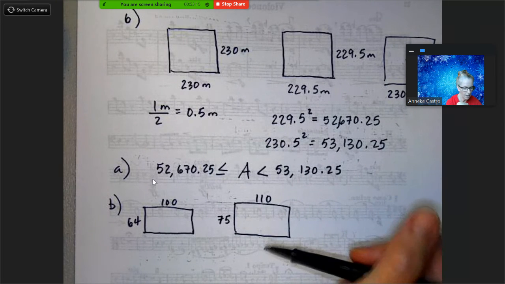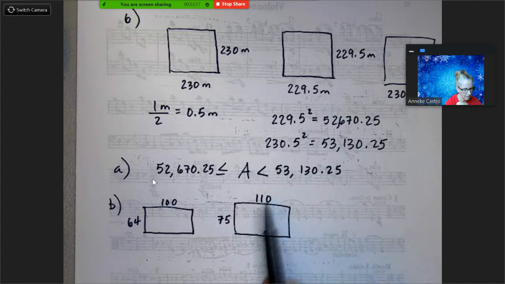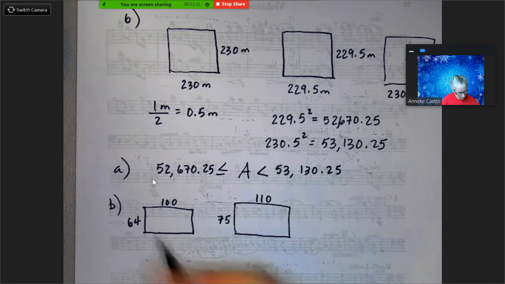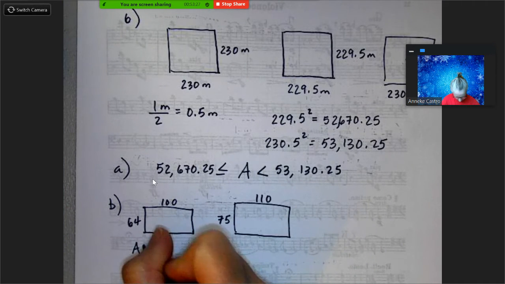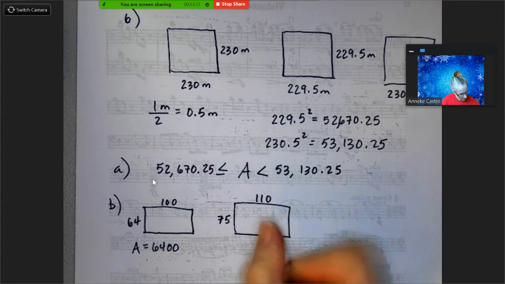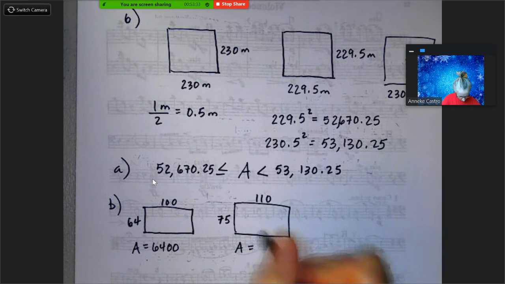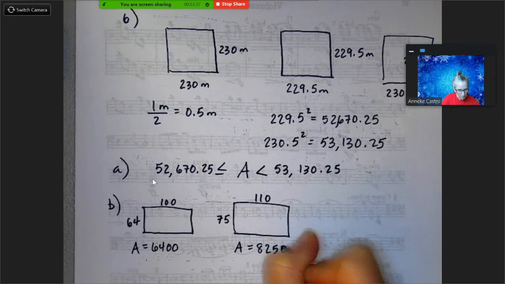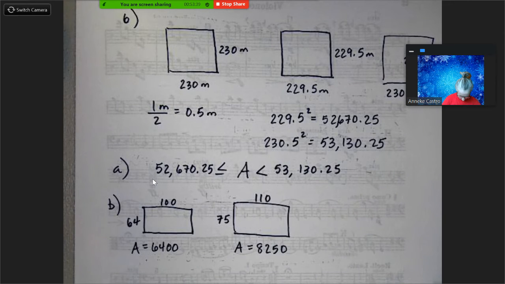So we don't care about the 64 by 110 and the 75 by 100 because those are in between sizes. We care about the littlest and the biggest. If I multiply this out, the area of this one is 64 times 100, so 6,400. And the area of this one, 75 times 110, gives me 8,250. I did that on my calculator.